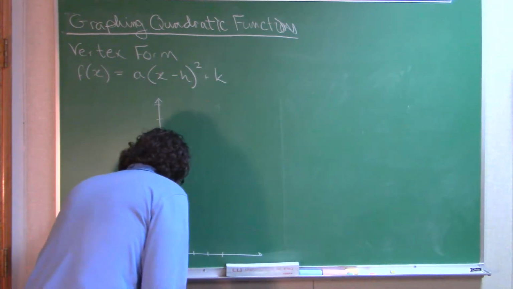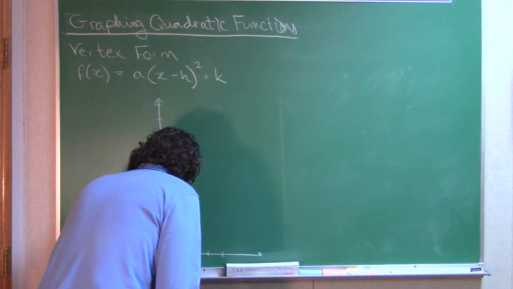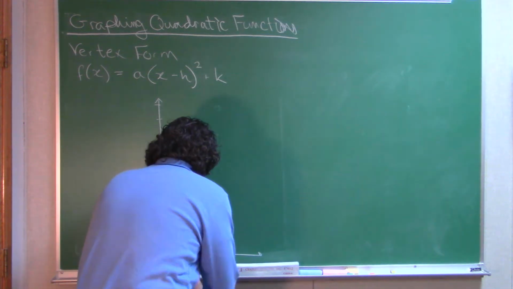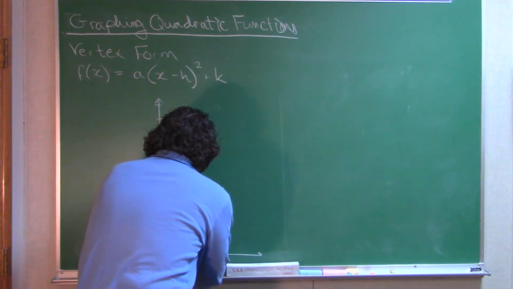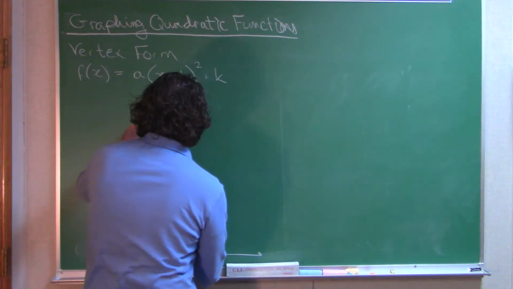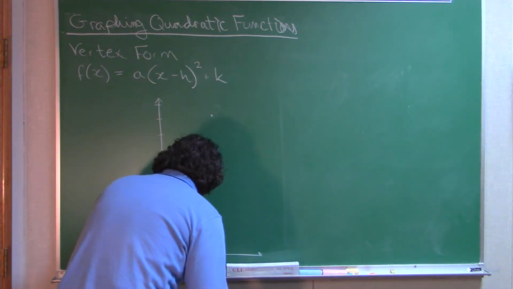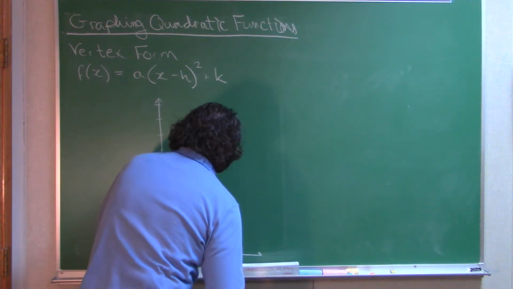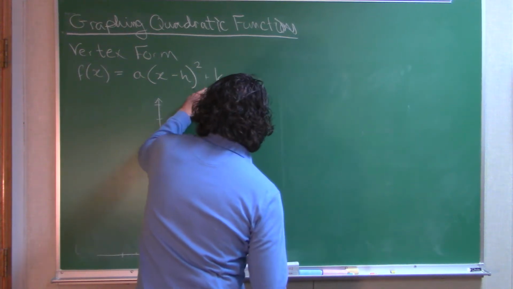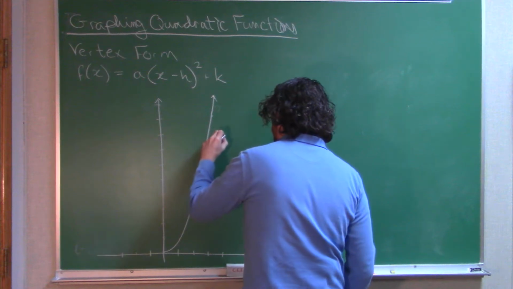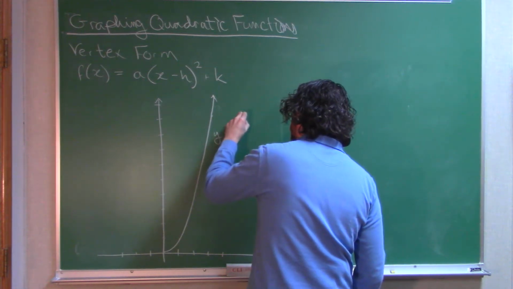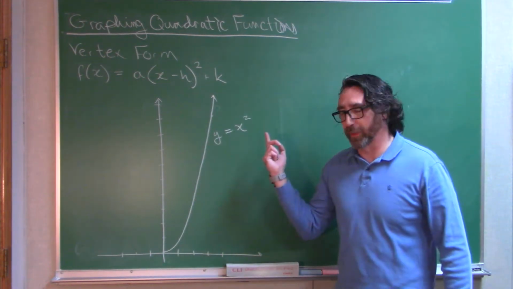Now, let me draw a quick graph that we'll refer to over and over again. What I'm drawing right now is part of the graph of the equation or the function y equals x squared.